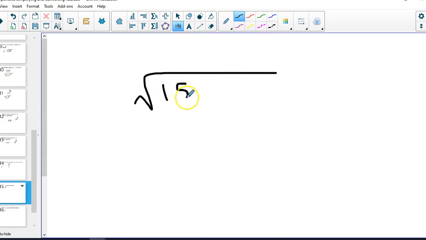I want to see what happens when we have multiple bases. So say we have 15 times x cubed, and we'll put a y squared in there too. If I wanted to turn this into an expression with a rational exponent, what we're going to do is treat each base individually.